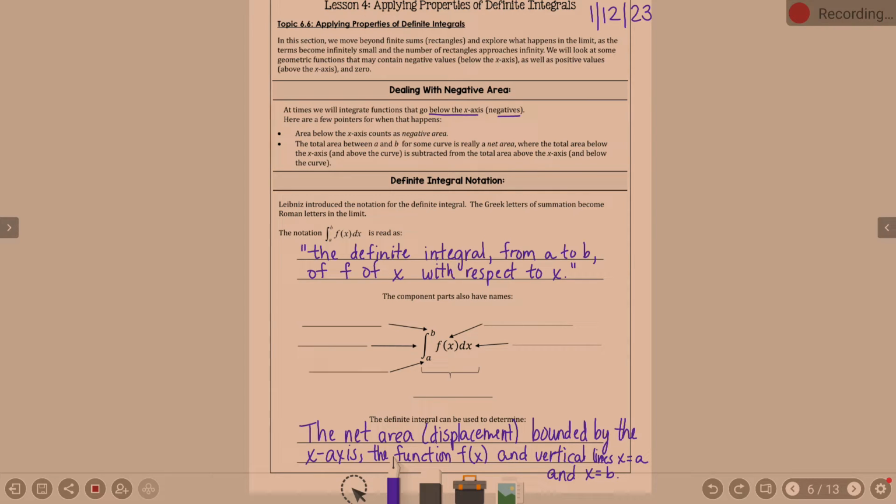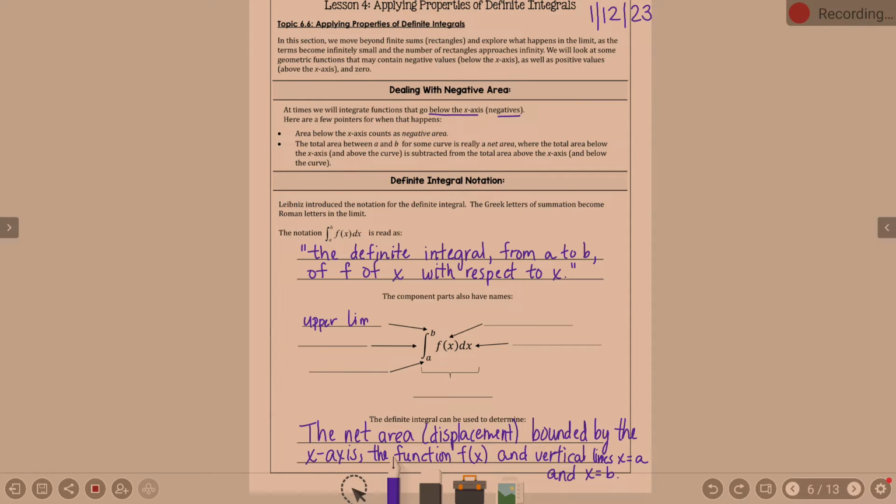So, now, some component parts. A and B. What have I referred to A and B as? I've referred to them as my lower and upper limits. Here I have written in the upper limit of integration and the lower limit of integration.